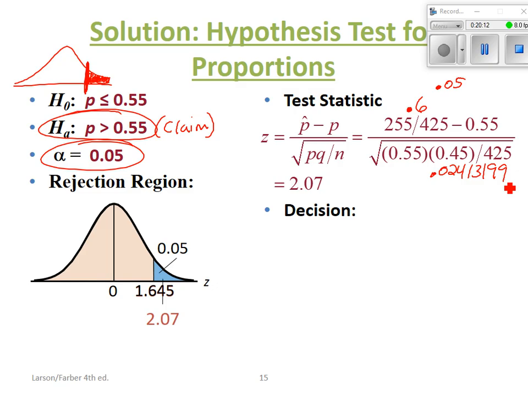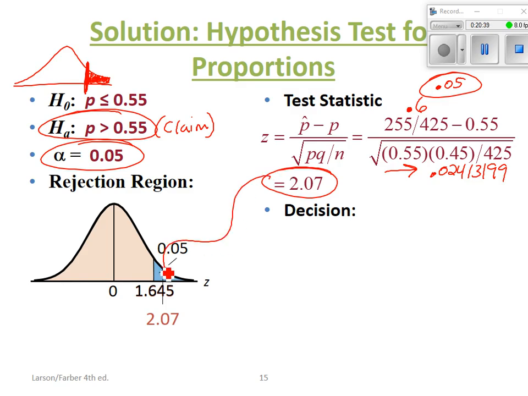Then I'm just going to divide 0.05 by this bottom answer, 0.02413199, and I get 2.0719.